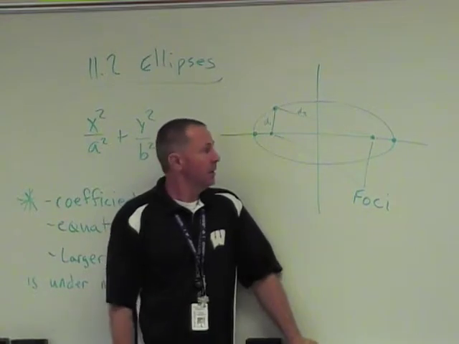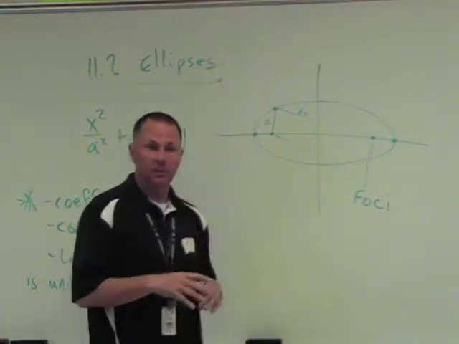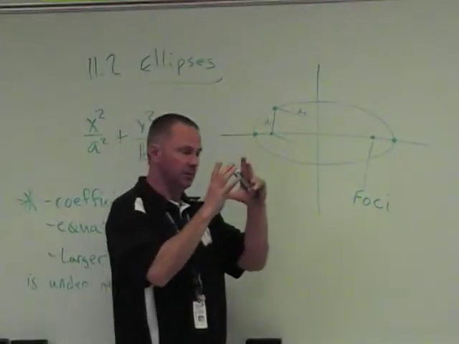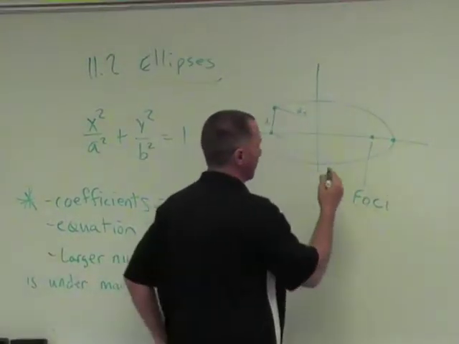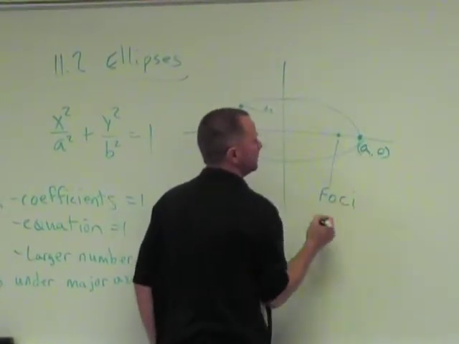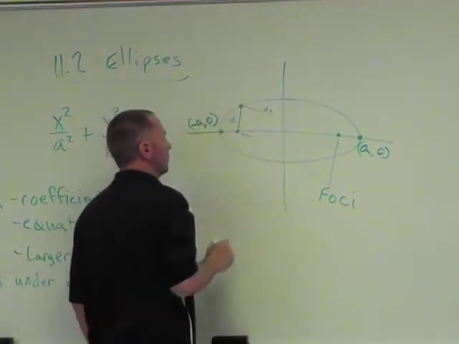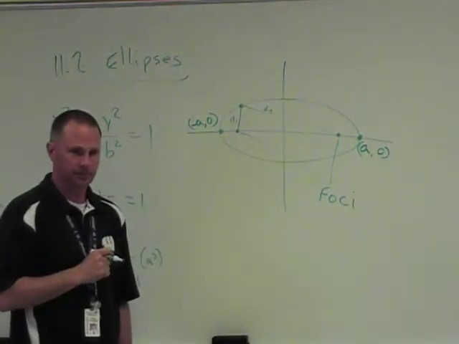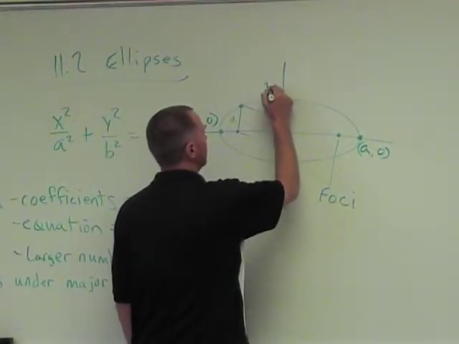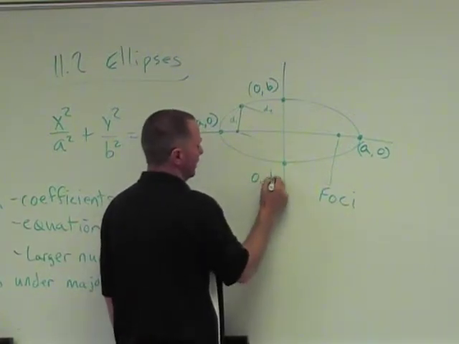Your page is going to get a little messy, so make sure you have a bigger ellipse to deal with, about like this. Let's put it on your paper correctly. This right here is (a, 0), and this one is (negative a, 0) for a horizontal ellipse. This is (0, b), and this one is (0, negative b).